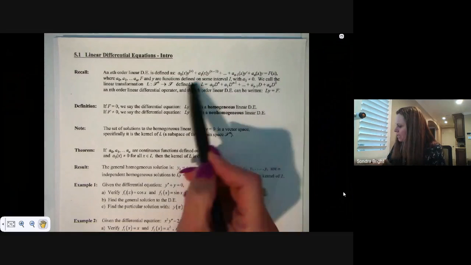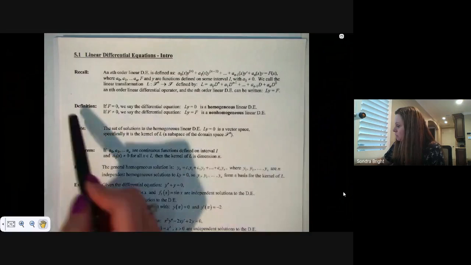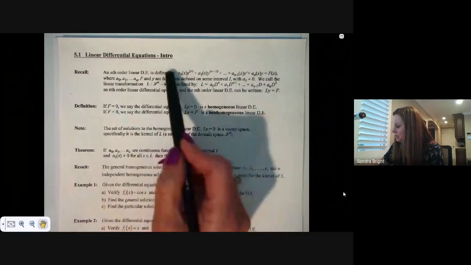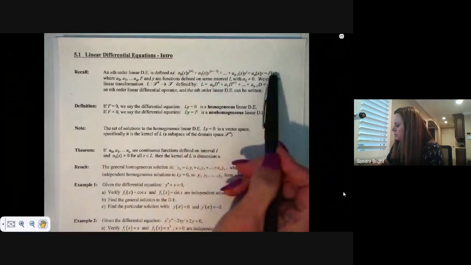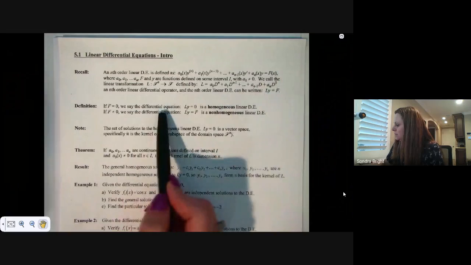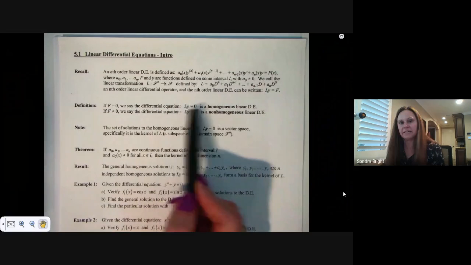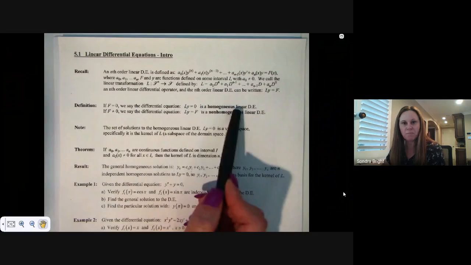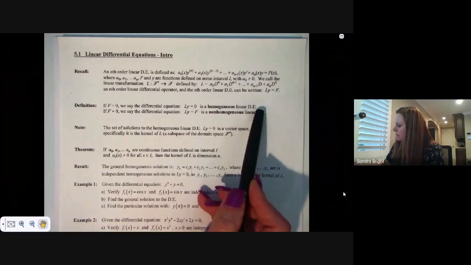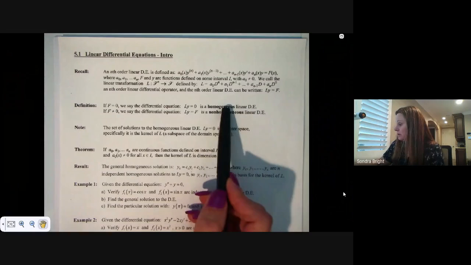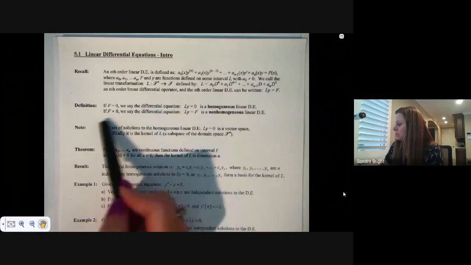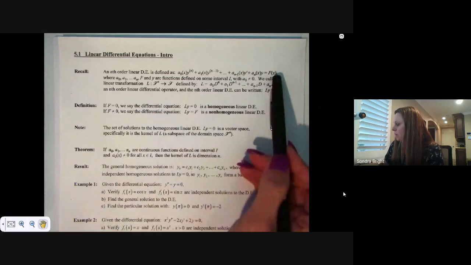If F equals 0, so this whole equation is set equal to 0, then we say the differential equation Ly equals 0 is a homogeneous linear differential equation. Remember, homogeneous means equal to 0. And if f of x is not 0, then we call it non-homogeneous, and you'll just have Ly equals F.